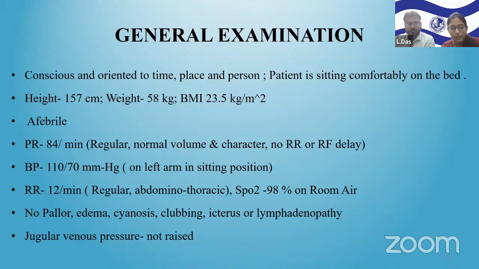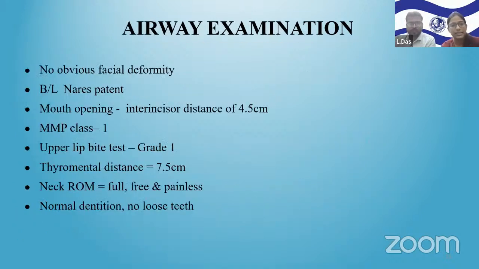Respiratory rate was 12 per minute, regular, abdominothoracic. Oxygen saturation was 98% on room air. There is no pallor, edema, cyanosis, clubbing, icterus, or lymphadenopathy. The jugular venous pressure was not raised. On airway examination, there is no obvious facial deformity. Bilateral nares are patent.